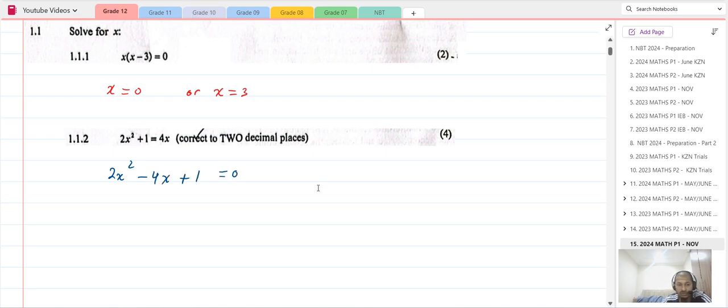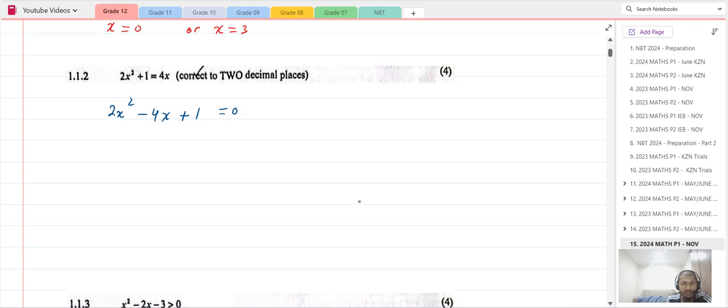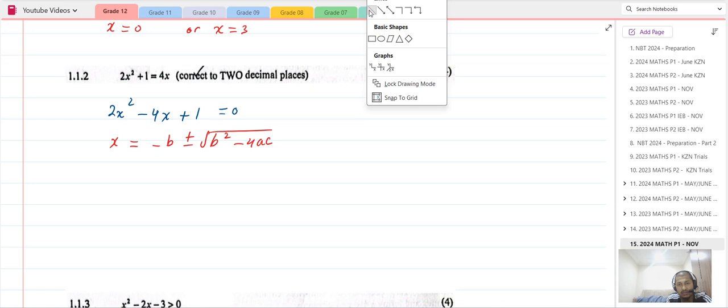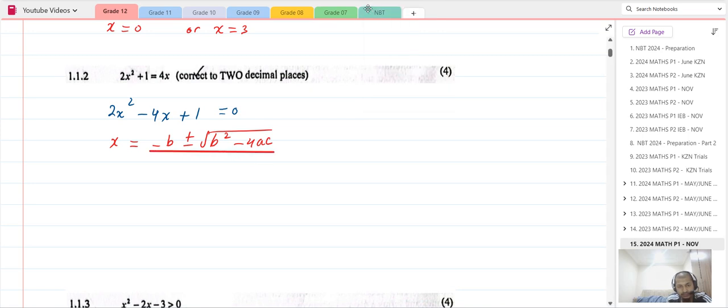You need to use the quadratic formula from the formula sheet, which is given as x equals minus b plus or minus the square root of b squared minus 4ac, divided by 2a. You can see the value of a is 2, the value of b is negative 4, and the value of c is equal to 1.